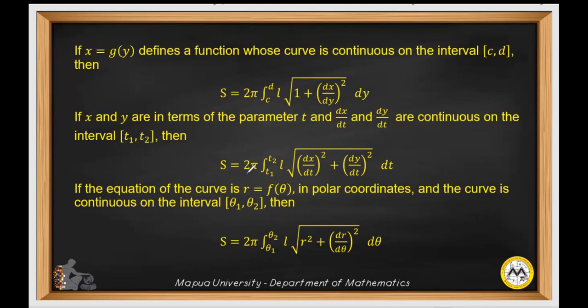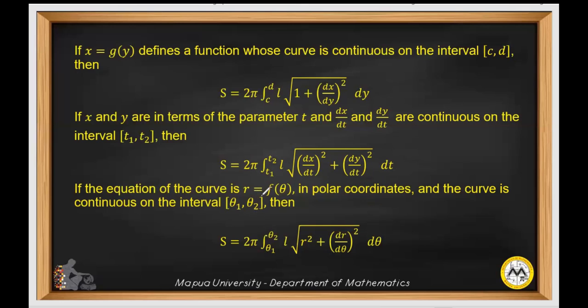The area of surface of revolution is 2 pi times the integral of L times the square root of the square of the derivative of x with respect to t plus the square of the derivative of y with respect to t, with limits going from t1 to t2. Of course, this must be evaluated with respect to t.